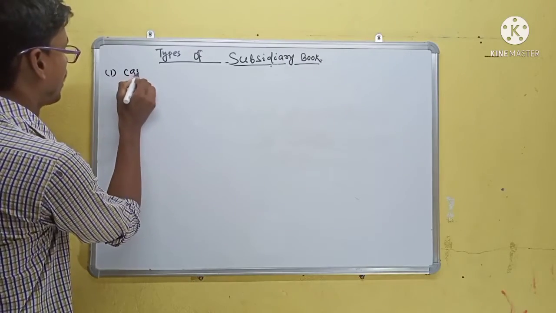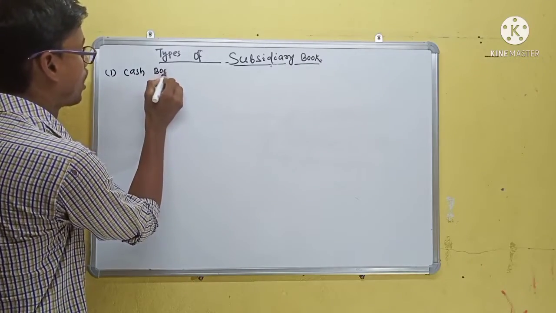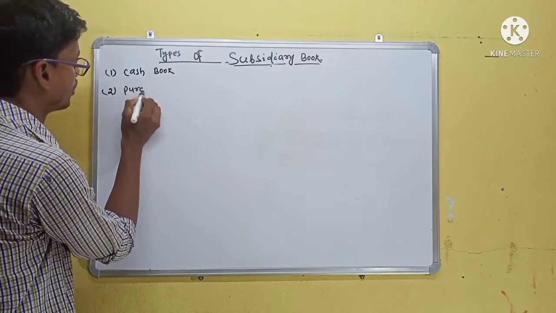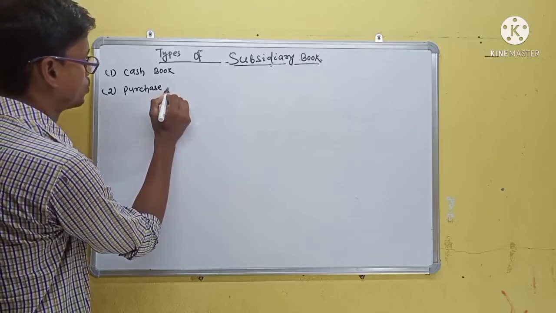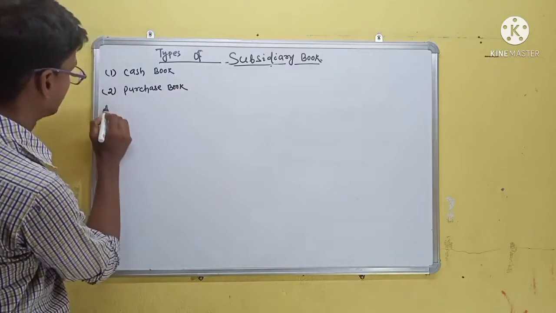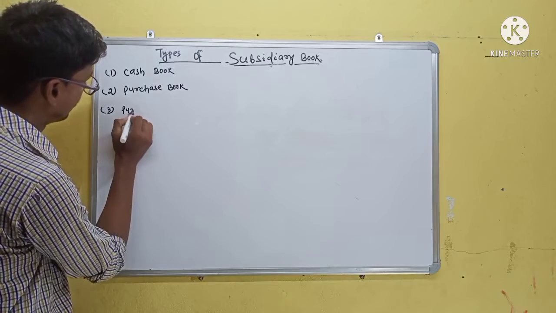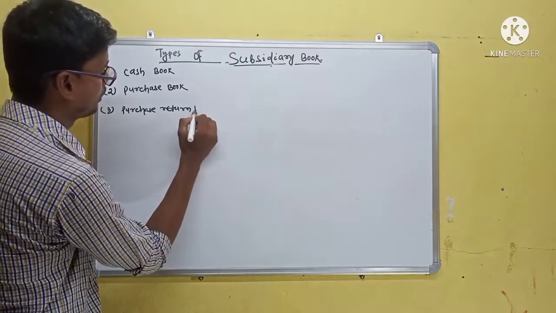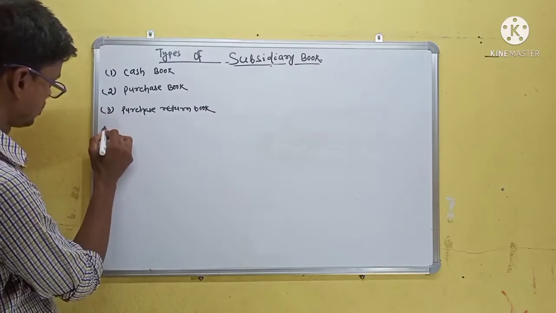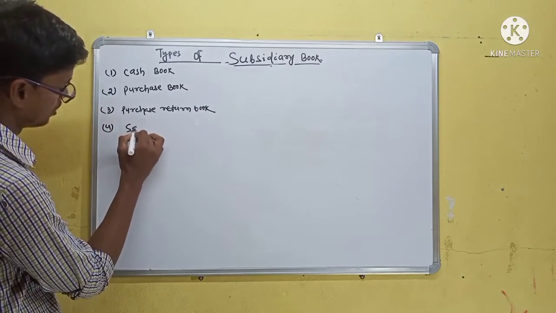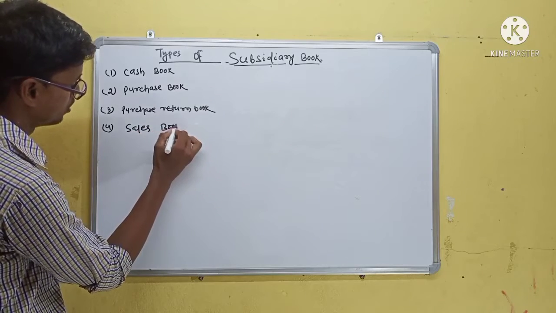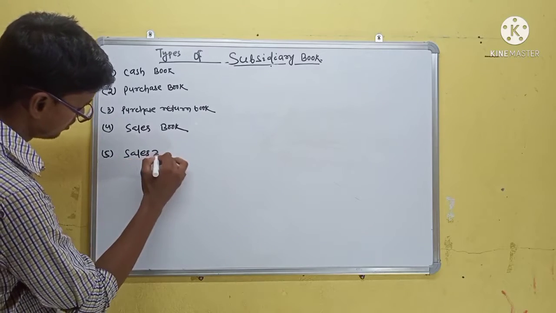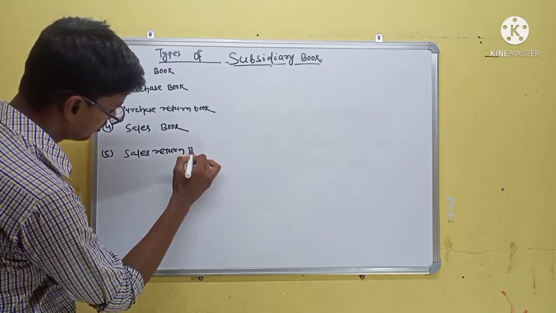First is cash book. Second is purchase book. Third, purchase return book. Fourth, sales book. Fifth, sales return book.